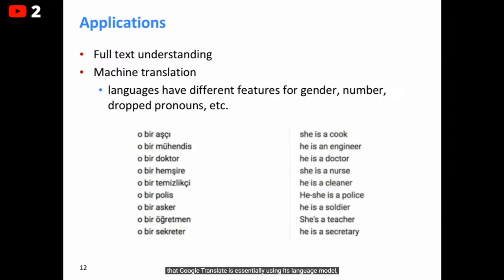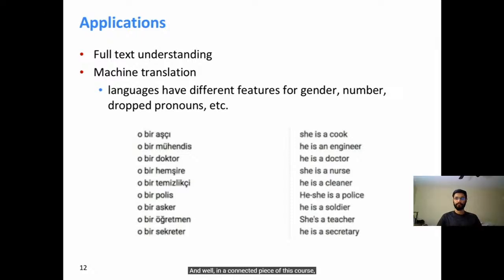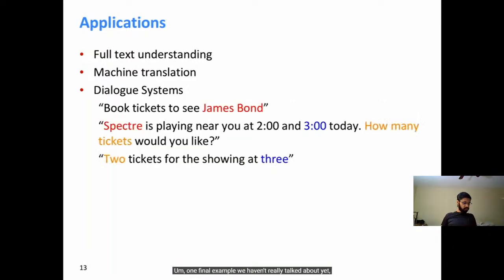Google Translate is essentially using its language model, which means it reconstructs the worst of stereotypes: she is a cook and he is an engineer, he is a doctor. And, well, in a connected piece of discourse, if you'd like Google Translate to be able to do better than that, again, what would be required is that you could actually do coreference resolution and track along the actors in the text as you go along.